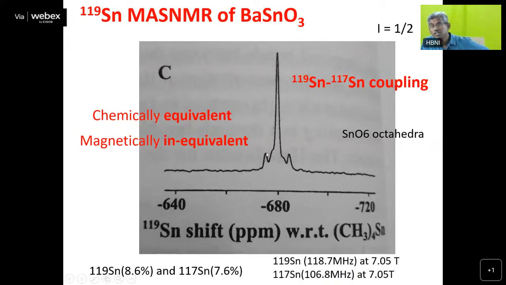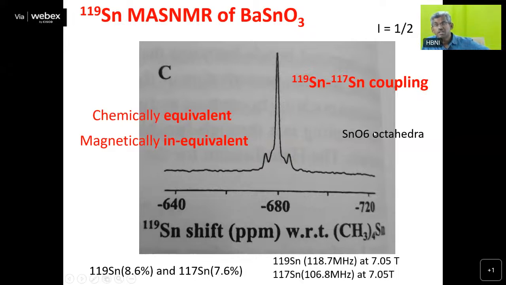One more thing you see here, there are two coupling peaks. You see one peak here, which are symmetrically placed with respect to the central peak. And this is coming because of the coupling between tin 119 and tin 117. In fact, we can evaluate the coupling constant also, which will be roughly in the range of around 400 or 450 hertz. In some examples, I have calculated the coupling constant.